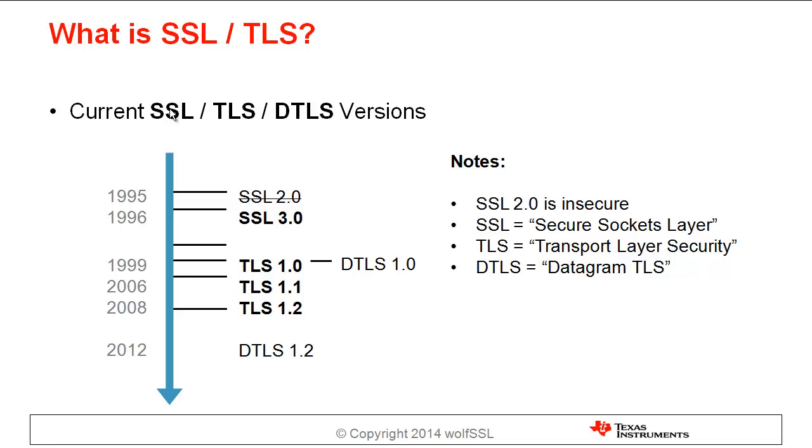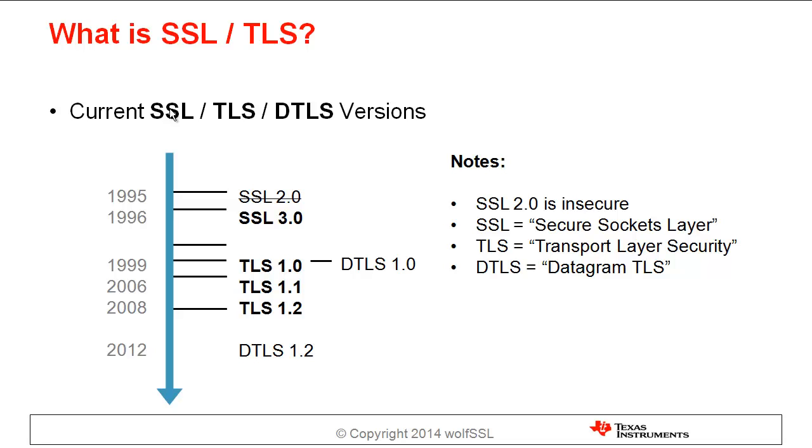So firstly, what is SSL and what is TLS? A lot of people are familiar with SSL, secure socket layers, and that standard got renamed to transport layer security, TLS. Then another new standard was created, DTLS, datagram TLS, which of course works with UDP.